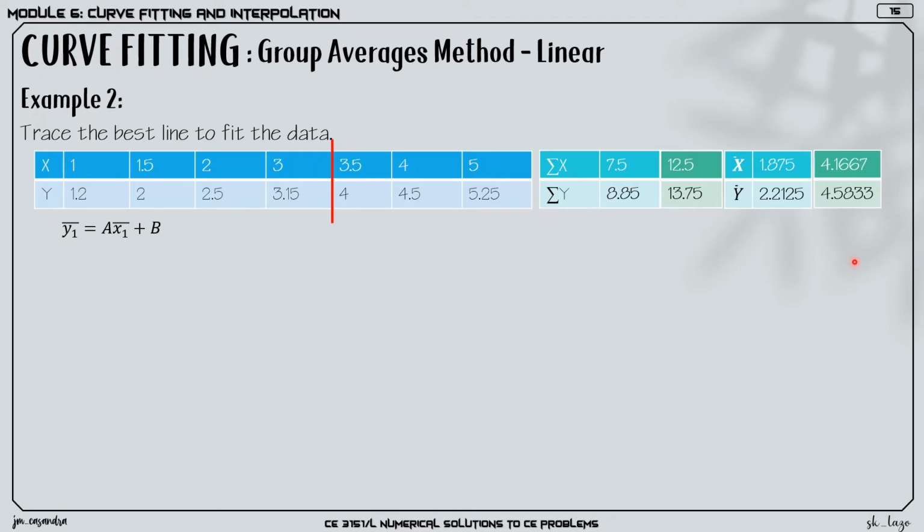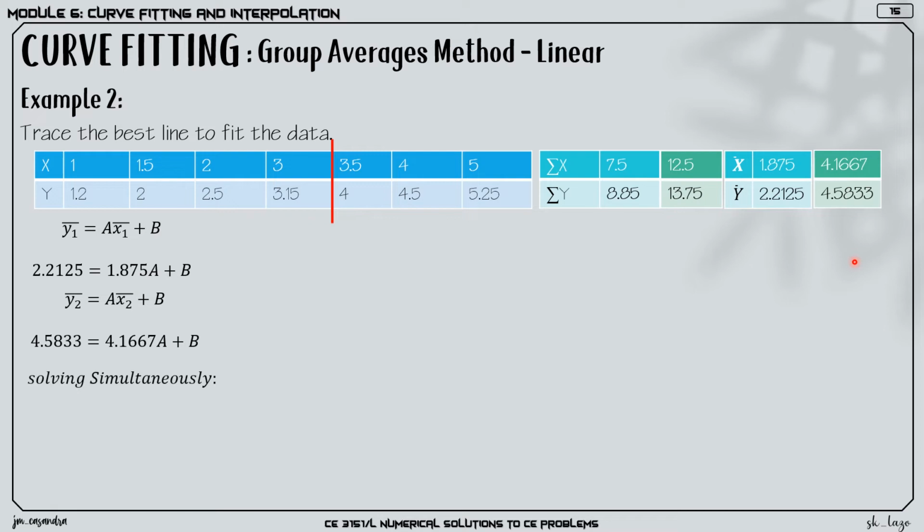So for group 1, we'll have 2.2125 equal to 1.875a plus b. And then for group 2, we'll have 4.5833 equal to 4.1667a plus b.